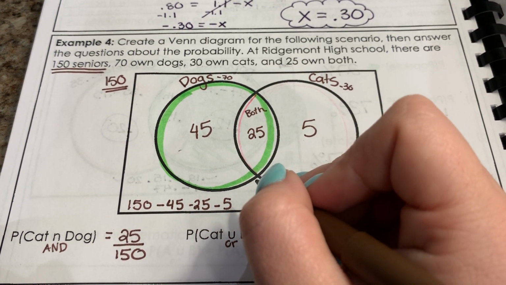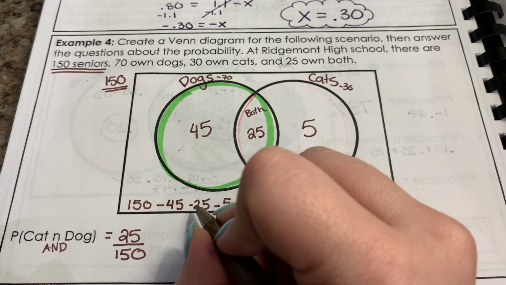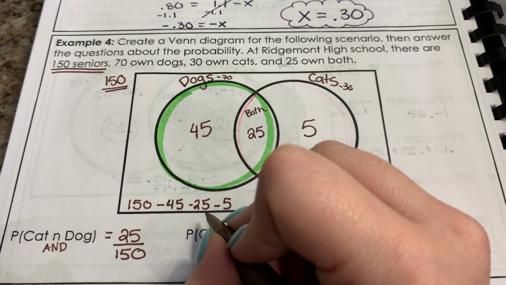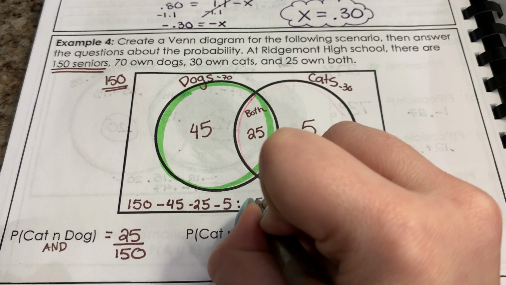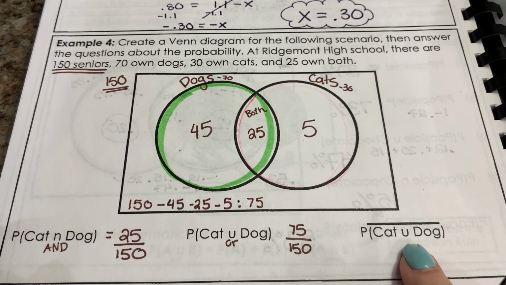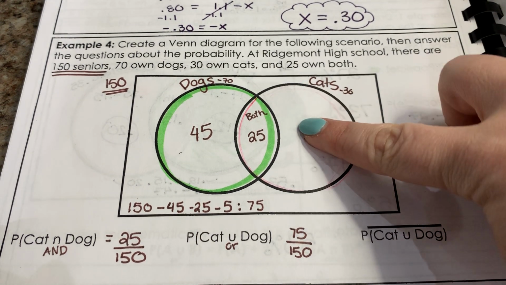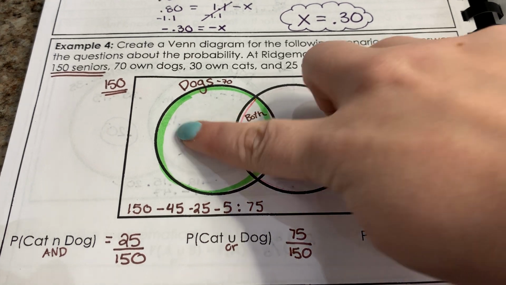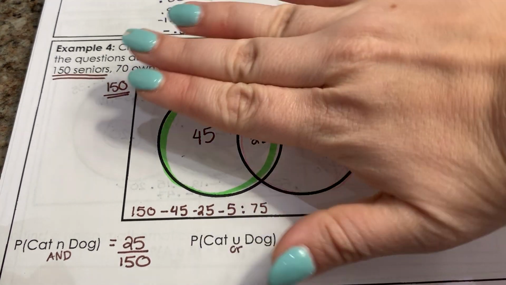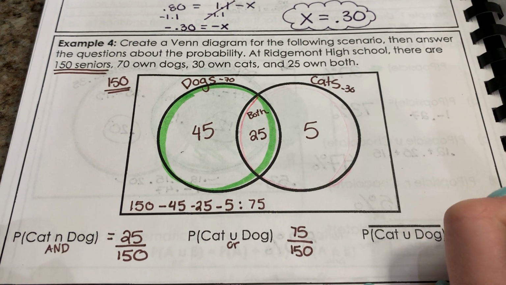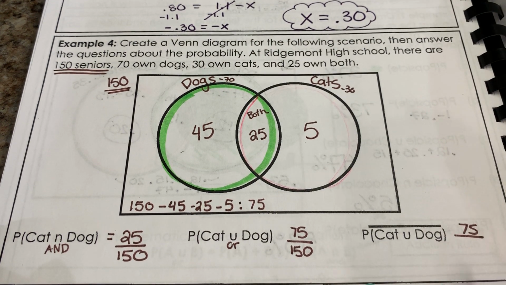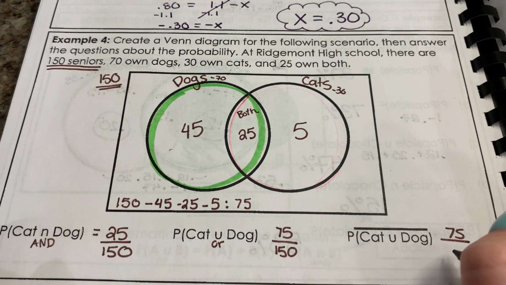So it'll be 150 minus 45 minus 25 minus 5, which gets us 75 people. This represents our not. This is the people that don't have a cat. This is the people that don't have a dog. It's none of these people. There are 75 seniors that said they didn't have either of these. Maybe they have an iguana, maybe they have a bunny, who knows? And remember, that's always gotta be out of the total.